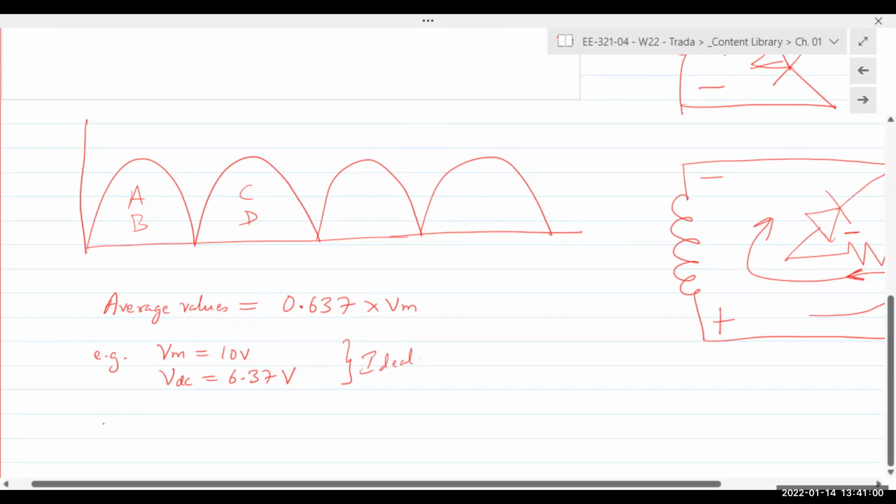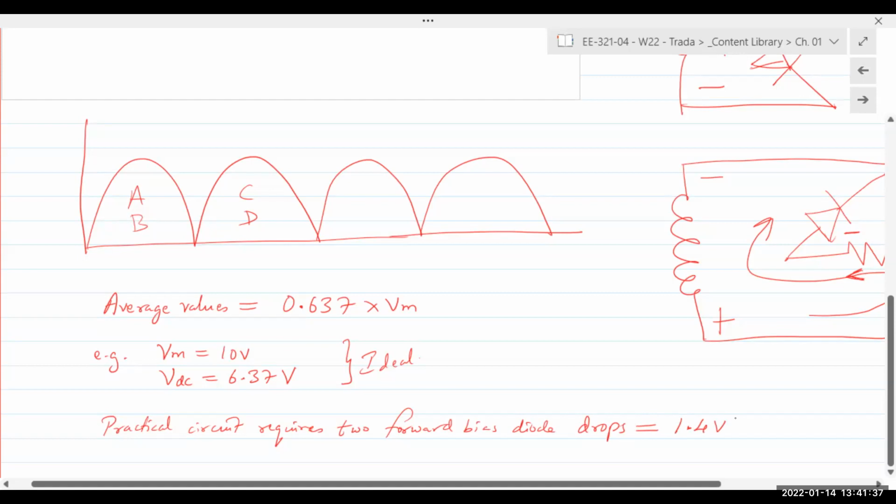So a practical circuit requires 2 forward bias drops. 1.4 volts.